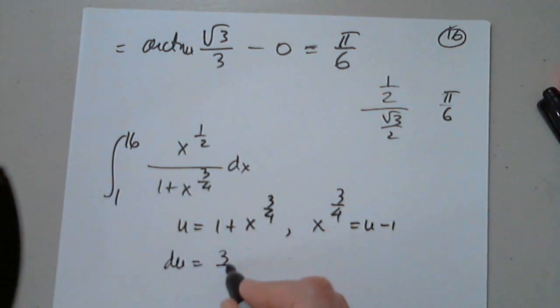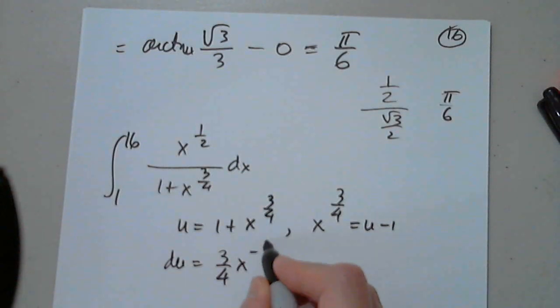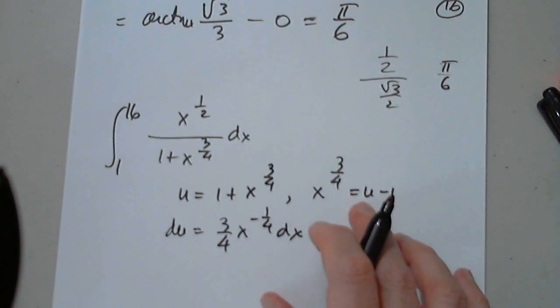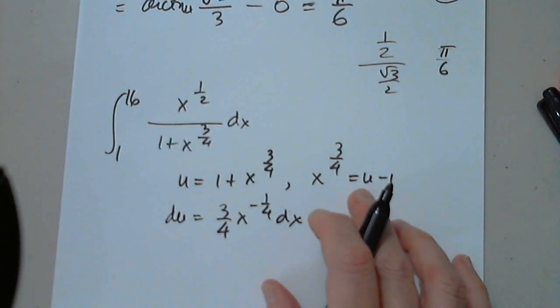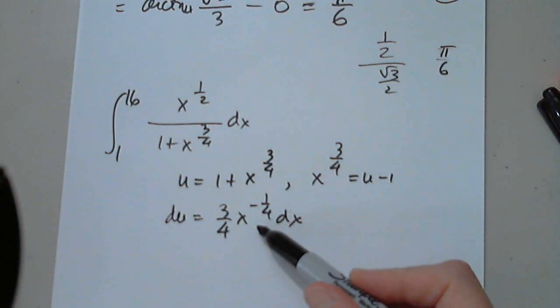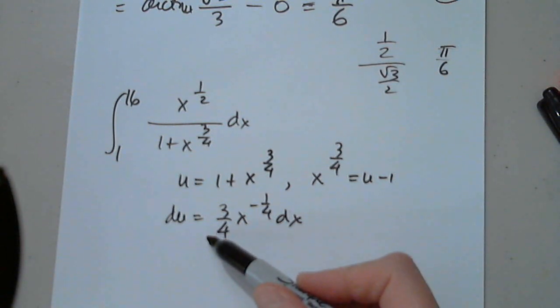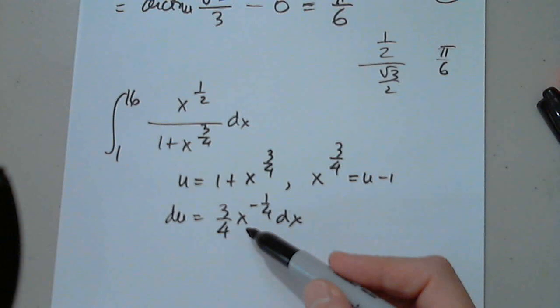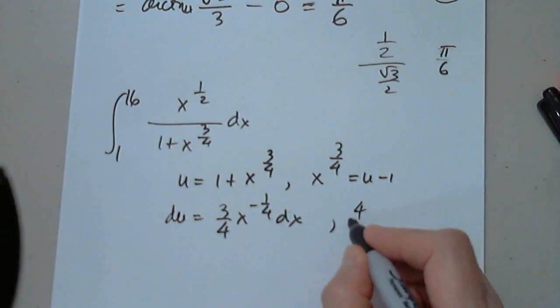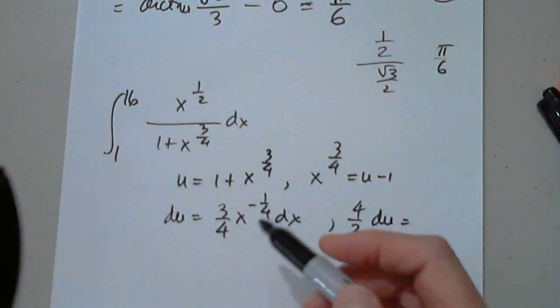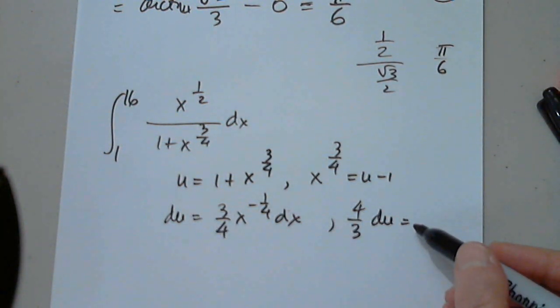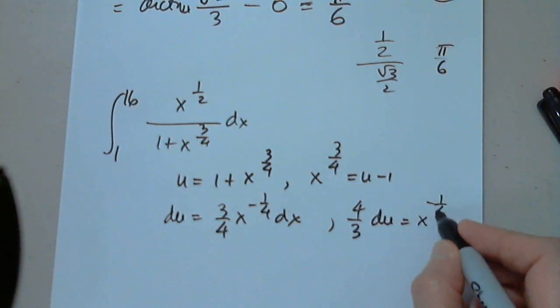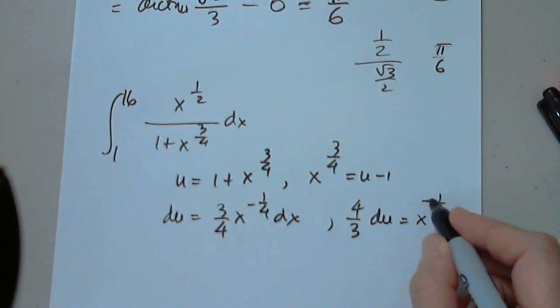Du equals 3/4 x to negative 1/4 dx. Yes, that's correct. So 4/3 du equals x to negative 1/4 dx.